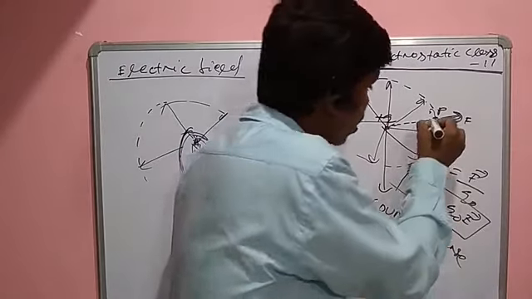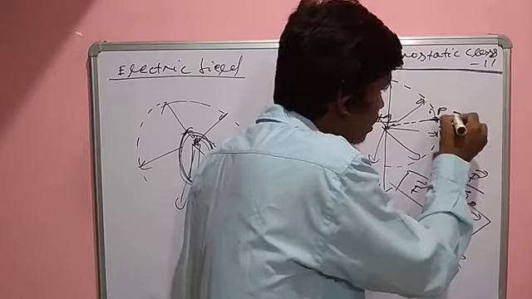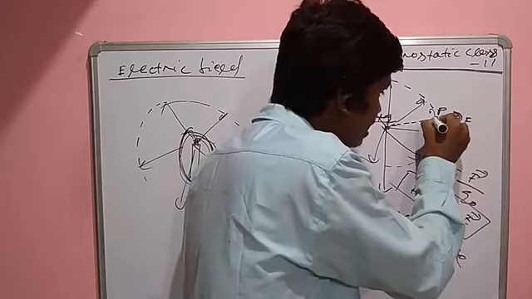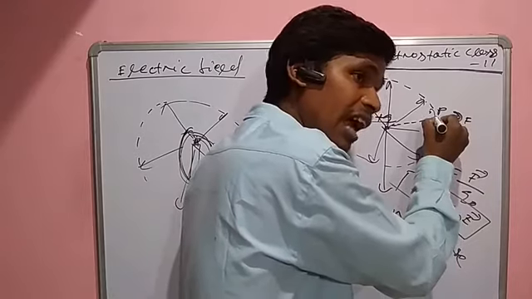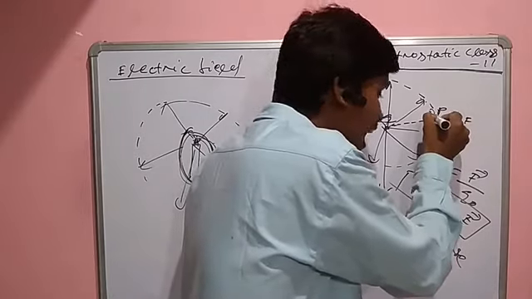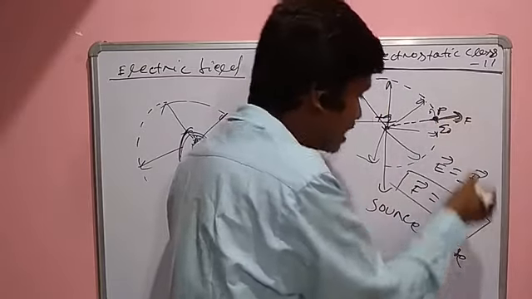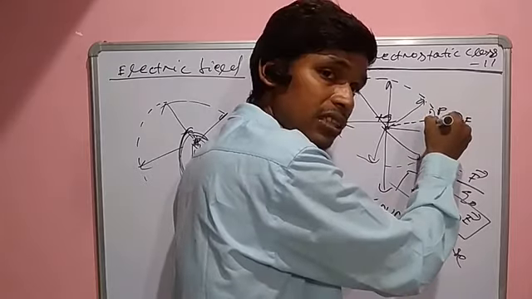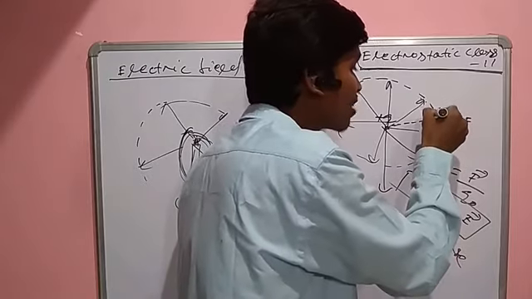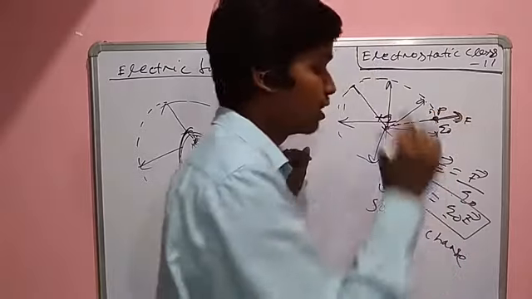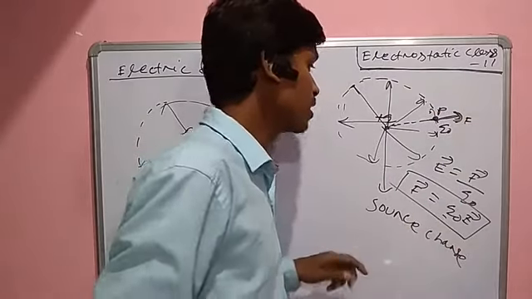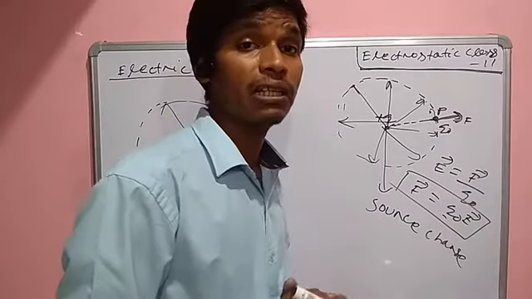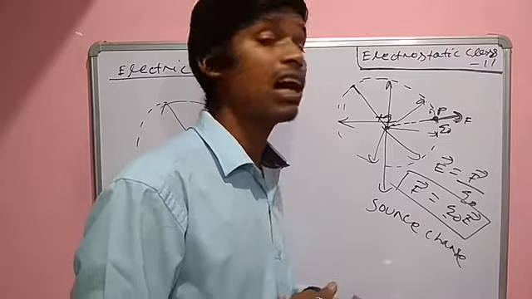On this charge the force is F. F is equal to this charge Q0 times the field in which the charge is placed. So F is equal to Q0 E. Listen, this is the basic idea of electric field.